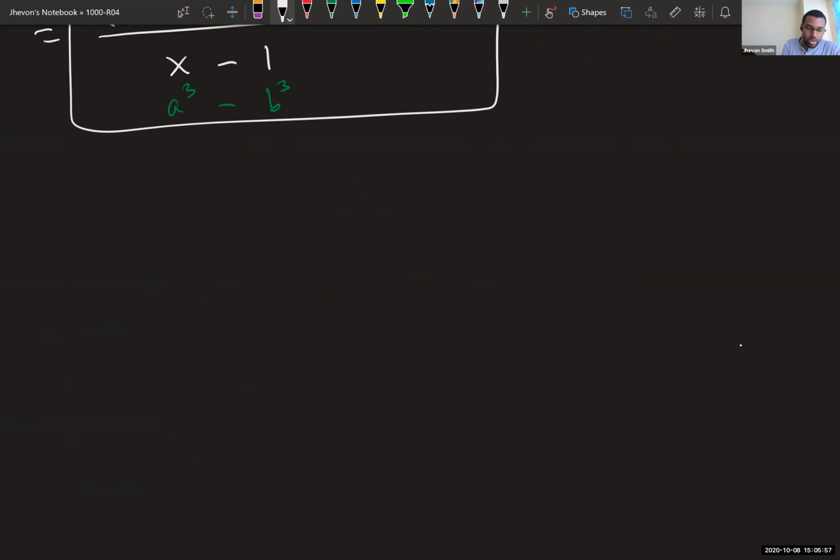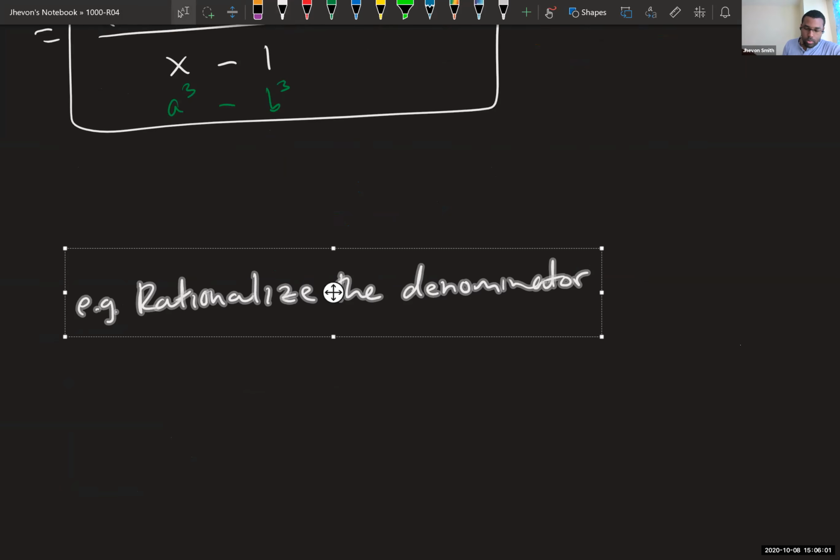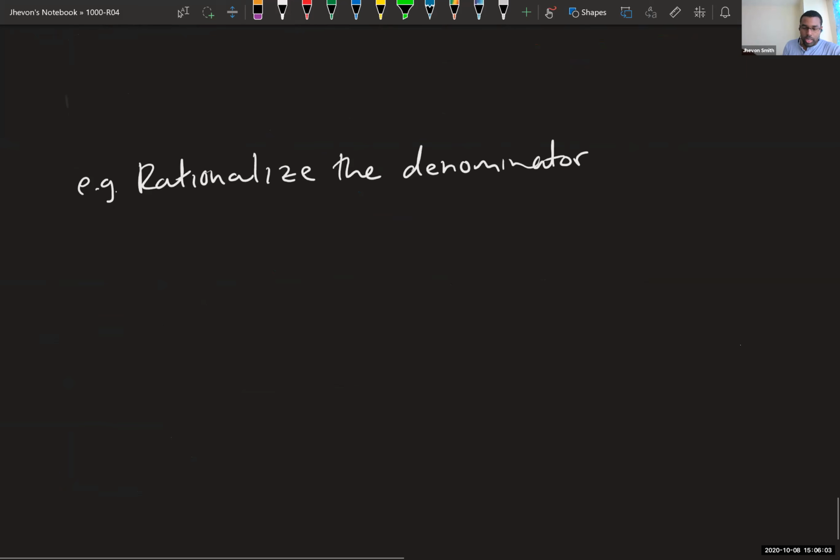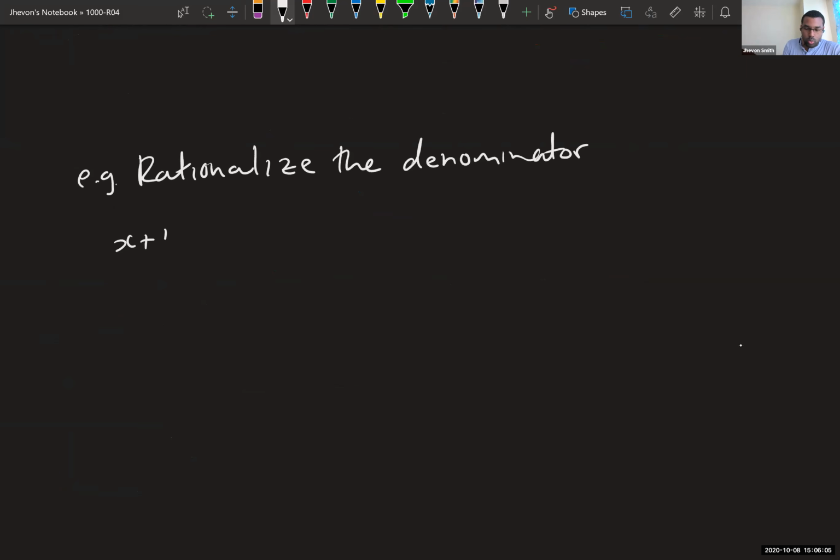So if I gave you another example, something like x plus 1 over x to the 2/3 plus x to the 1/3. Let's do minus just to be something different. Plus 1, and I actually rationalize the denominator. You should recognize that that denominator is like the quadratic part of the sum of cubes formula, right?